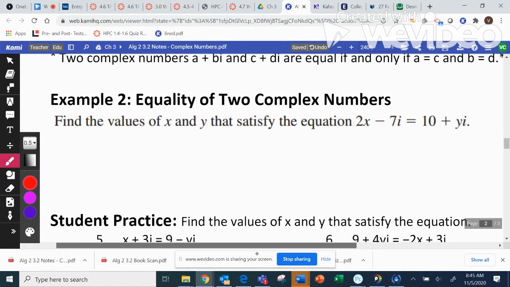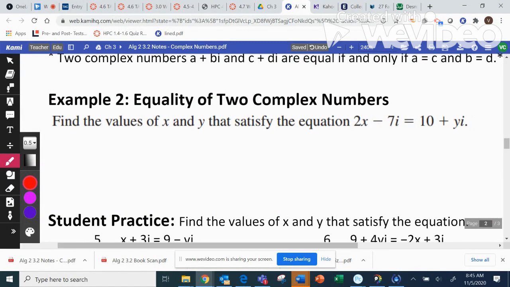Okay, equality of two complex numbers. This is not difficult. Look for what has an i in it. Let's circle what has an i in it. Negative 7i. Is there anything else here that has an i?